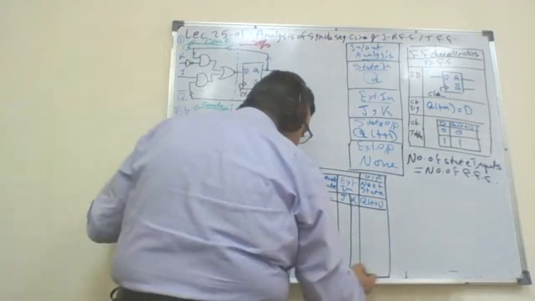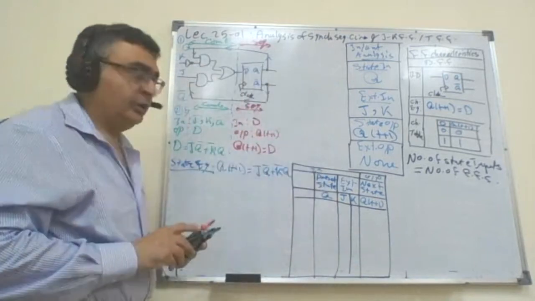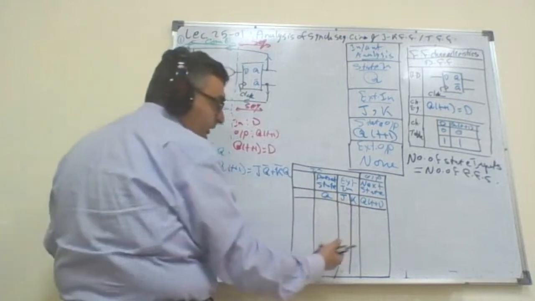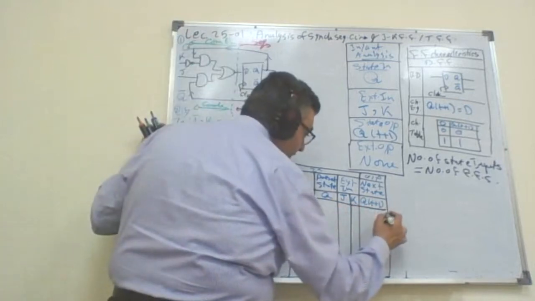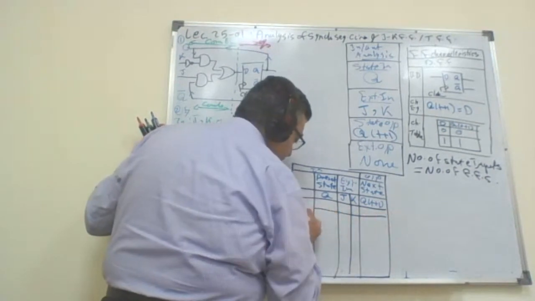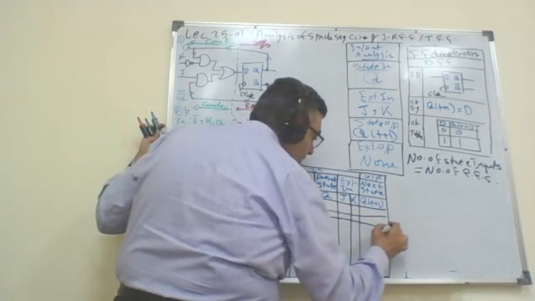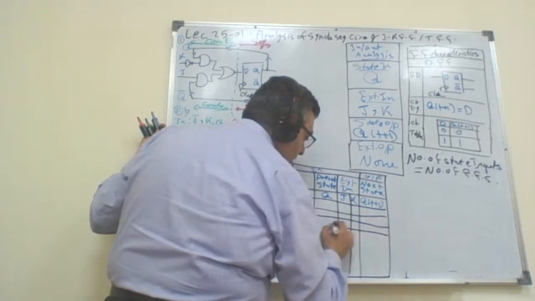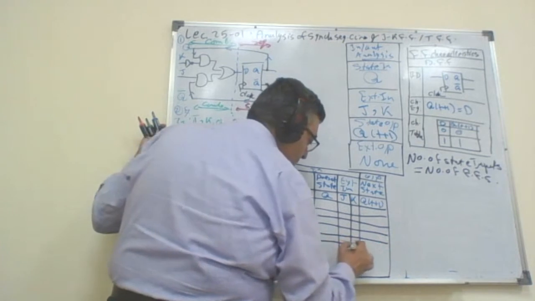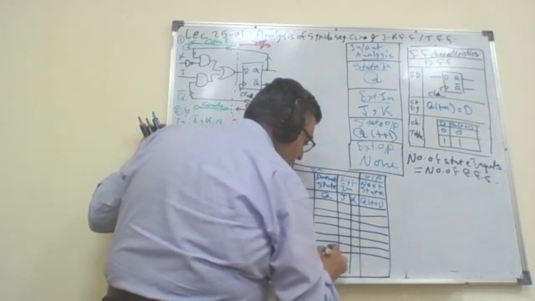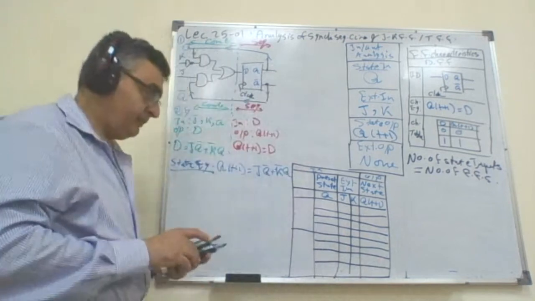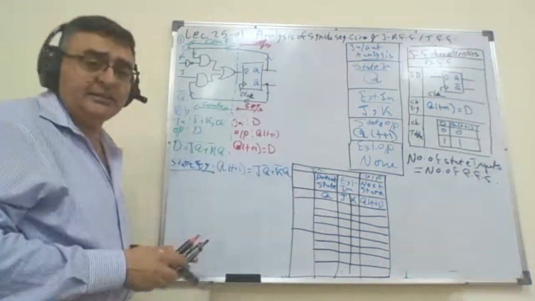This is now the truth table. How many rows for that truth table? 3 inputs total. So I have to draw here 8 different rows. Can I fill in this truth table?